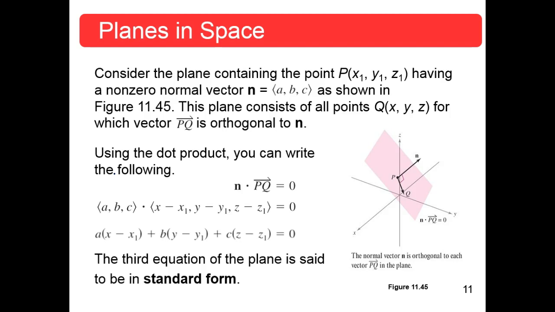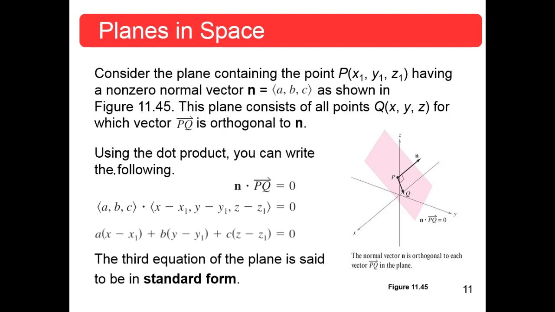Well, that statement tells you a lot. You have the given point P, and then you have this variable point Q, and you were given the normal vector n. If they're perpendicular, then n dot PQ has to be 0. That gives you an equation. The n is this vector ABC.